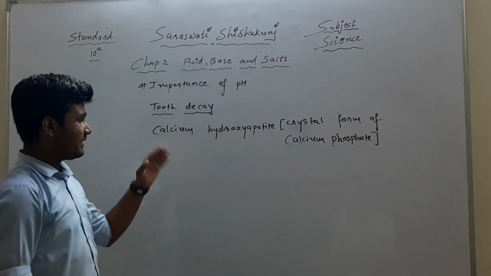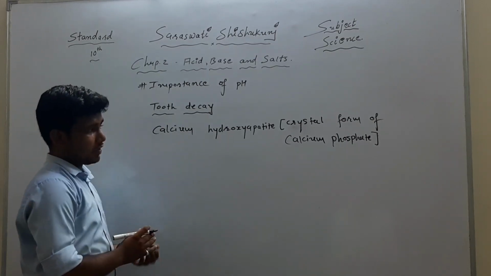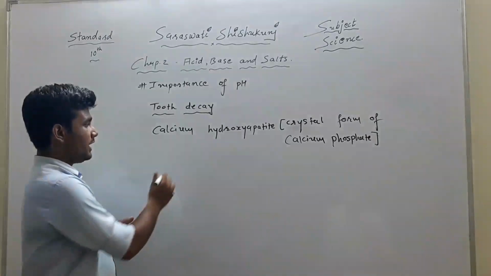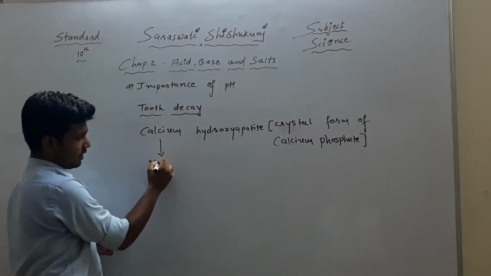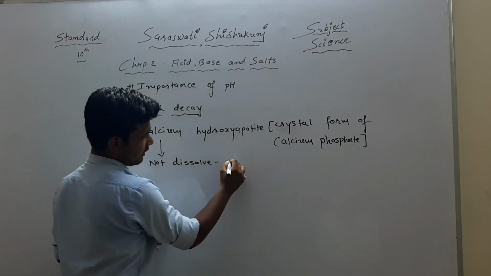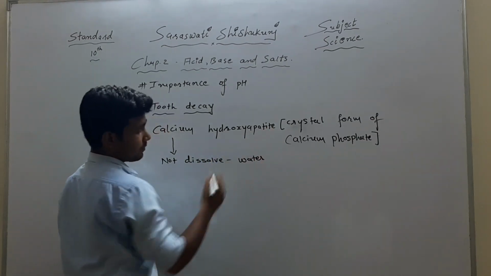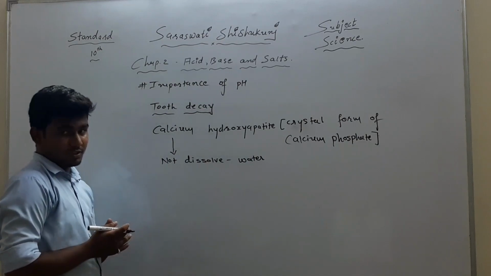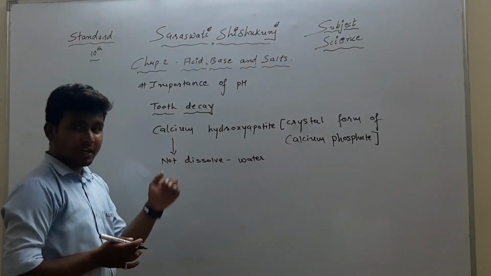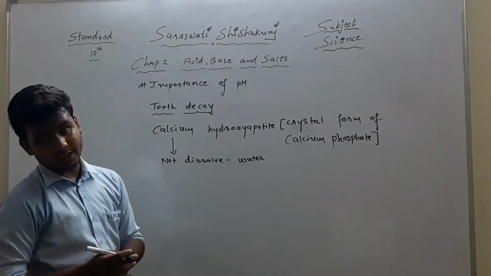This enamel of calcium hydroxyapatite, which is a calcium phosphate crystal form, does not dissolve in water. But when the pH of our mouth decreases below 5.5, it will start getting corroded.